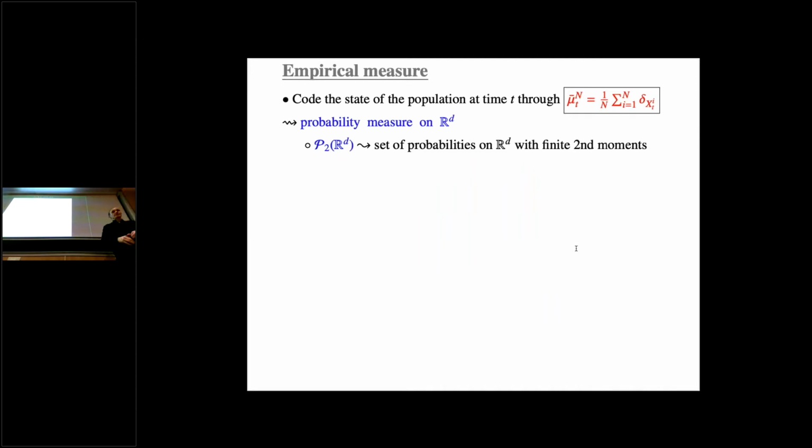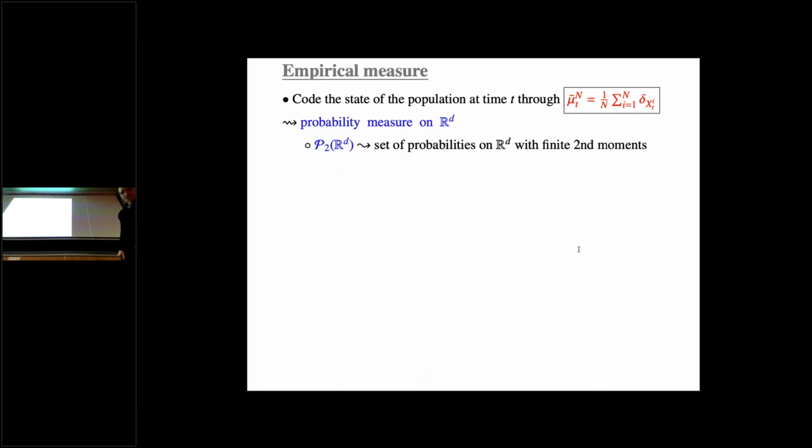Precisely, let me introduce an object that is absolutely fundamental in mean field models. If you know mean field models, for sure you know this. And there are some experts of mean field models in the room. If you don't know mean field models, this is the first key object that you have to remember for the rest of these lectures. So this is what we call the empirical measure. You know this from probability or statistics.